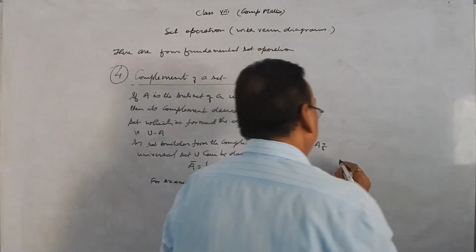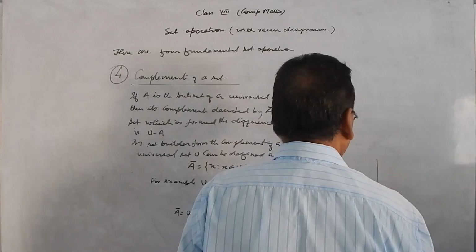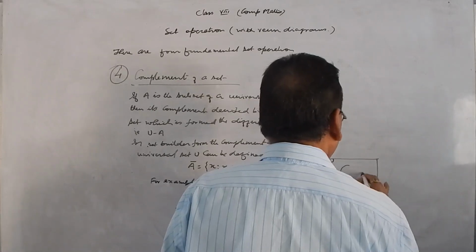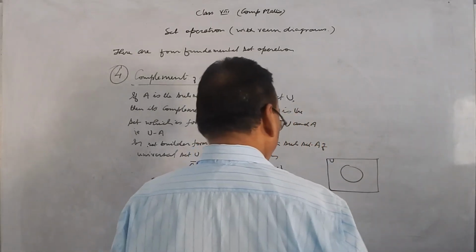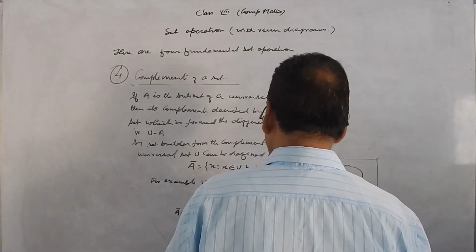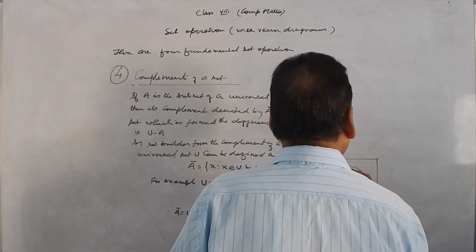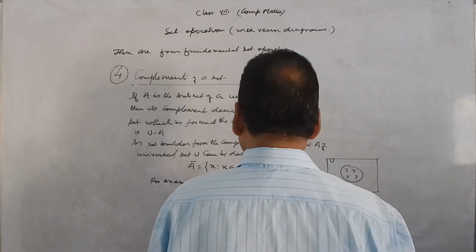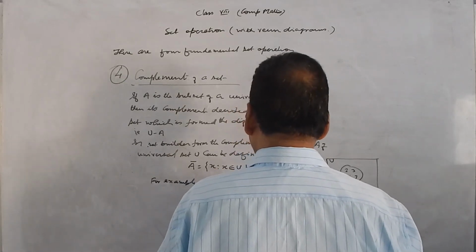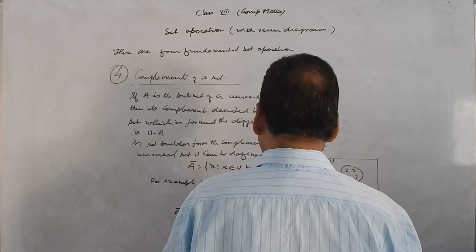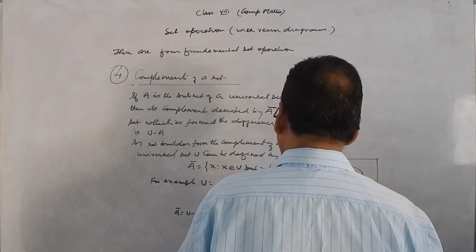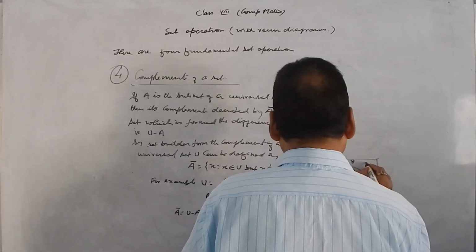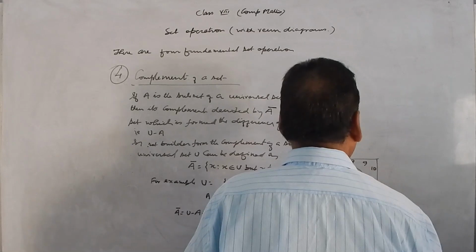In Venn diagram, 2, 3, 5, 7, and 1, 4, 6, 8, 9, 10.